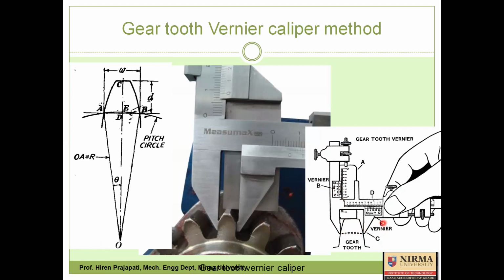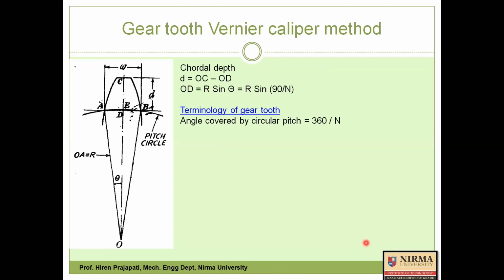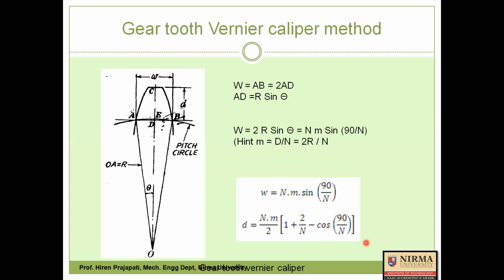So this instrument now will give you the practical value of chordal thickness. So now you have two values of chordal thickness: one is practical by the gear tooth vernier caliper, and the second is analytical by using this equation.